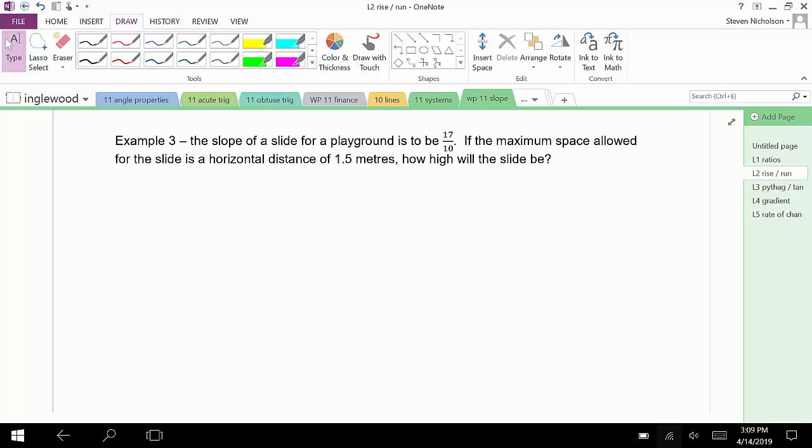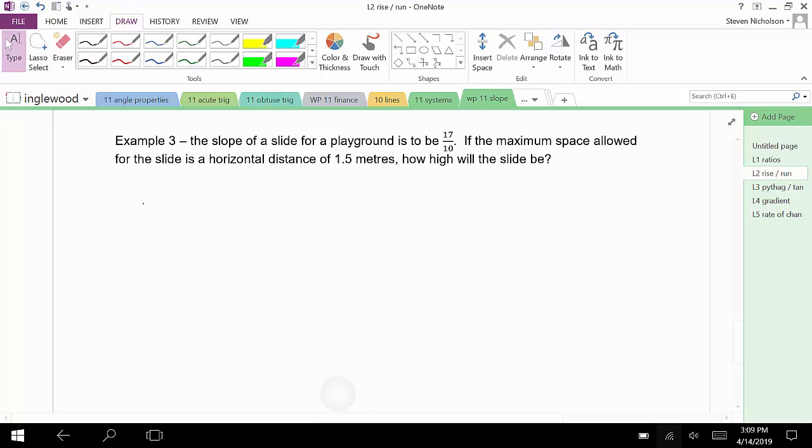One last example. The slope of a slide in a playground is 17/10. So there's a vertical change of 17 for every horizontal change of 10. If the maximum slope allowed for this slide is a horizontal distance of 1.5 meters, horizontal would be the run, how high will the slide be? What is the rise?